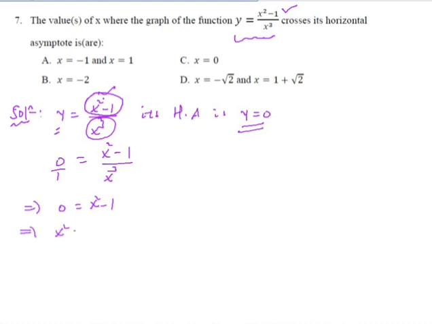So x squared becomes 1. This means x is plus or minus 1. So the horizontal asymptote and the function will intersect at both 1 and minus 1. So our answer will be A.